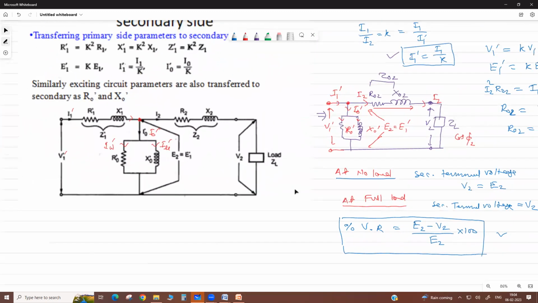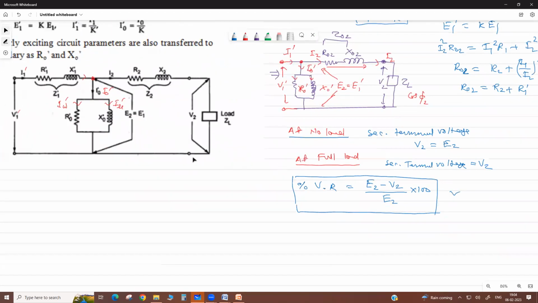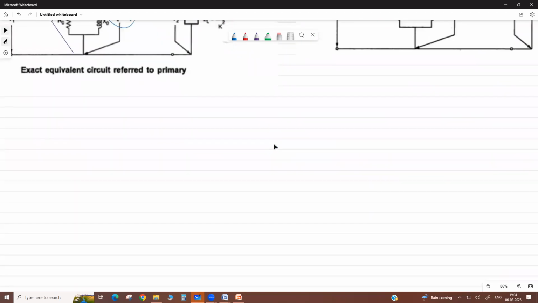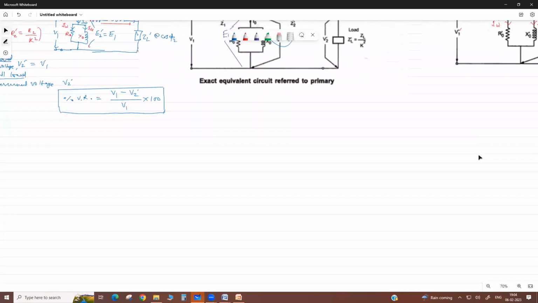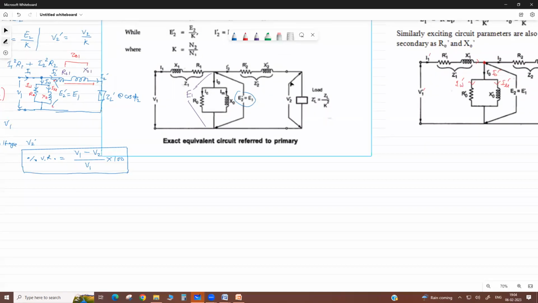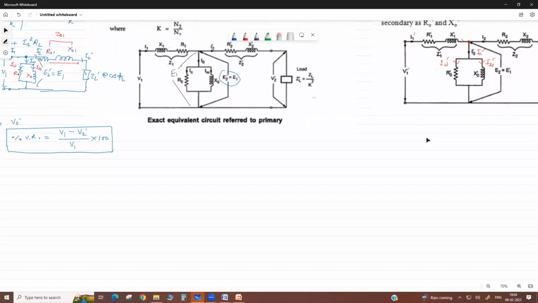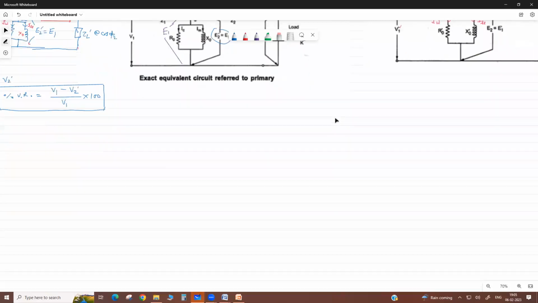Okay, dear? Now we come to the voltage regulation. Actually, you know the formula of voltage regulation: the change in the terminal voltage from no load to full load with respect to your load terminal voltage, as a percentage.